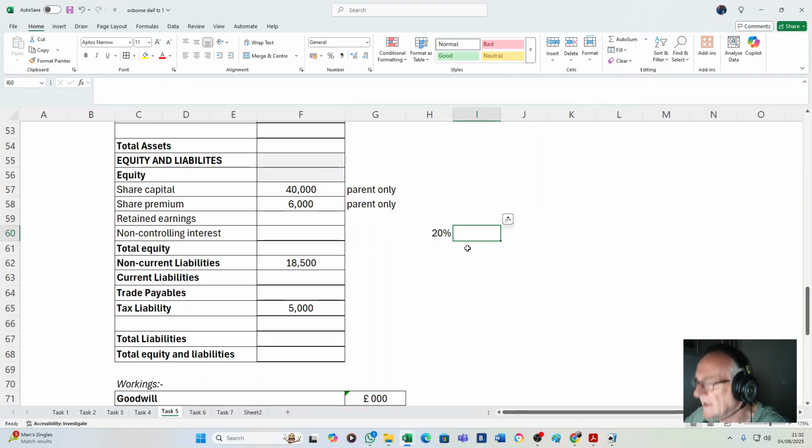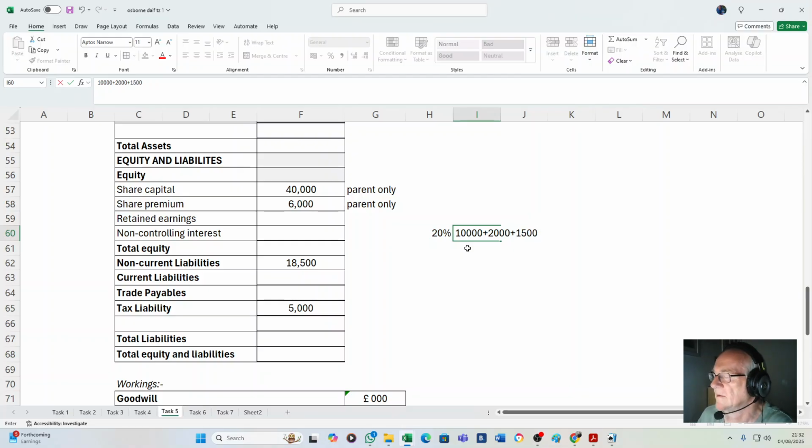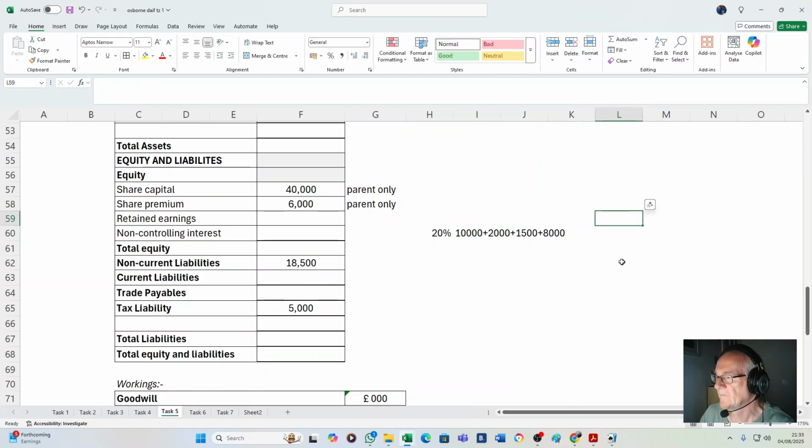So we're going to take the shares, they still own 20% of that, and the premium, and they get their 20% of the revaluation. It was their asset that has gone up, they own a fifth of it, and we need the end of year figure. So 10, 12, 20, might as well just do it as a sum.